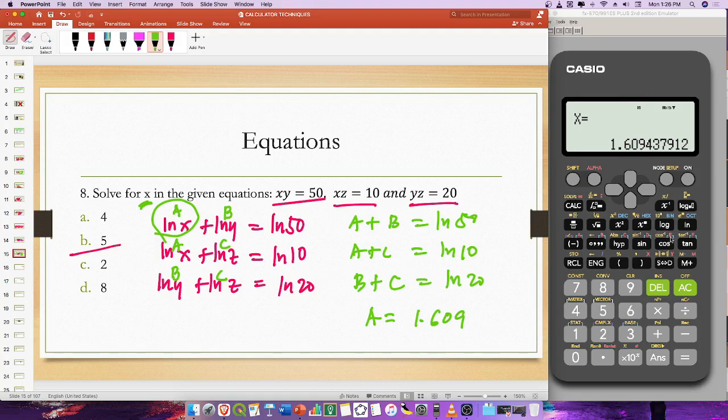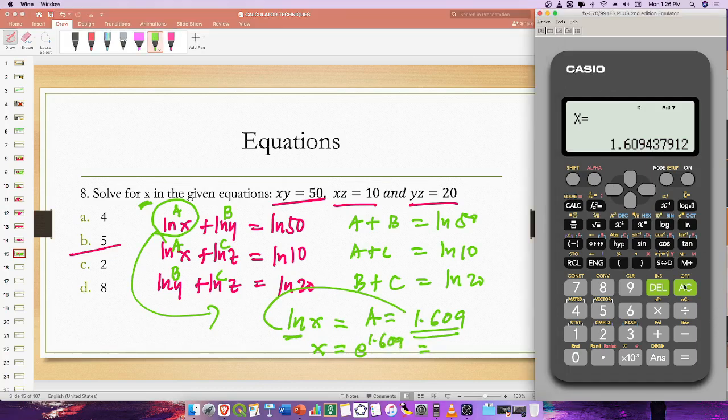So since A is 1.609, we need to solve for the value of x. Okay? This is now ln x equals your A, which is 1.609. To solve for x, we need to take the inverse natural logarithm of 1.609. So that is actually e raised to 1.609. Using your calculator, press all clear, mode 1.